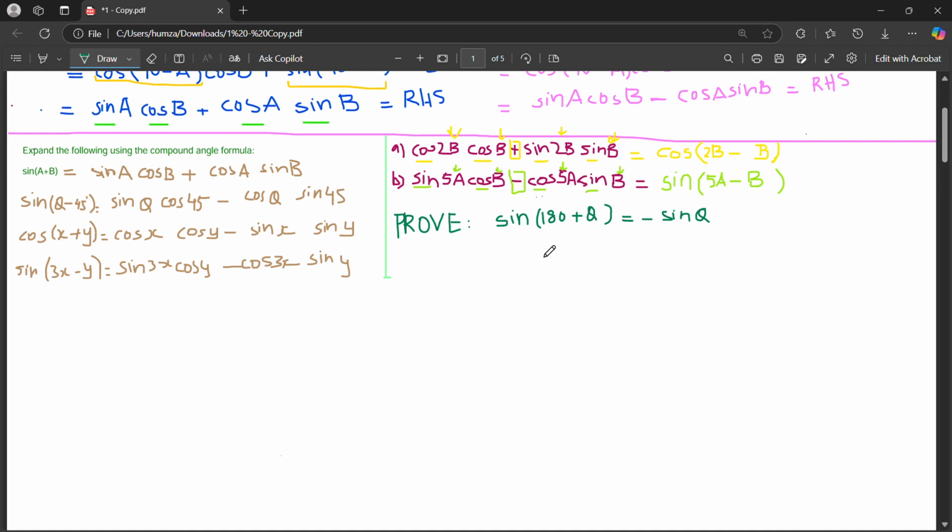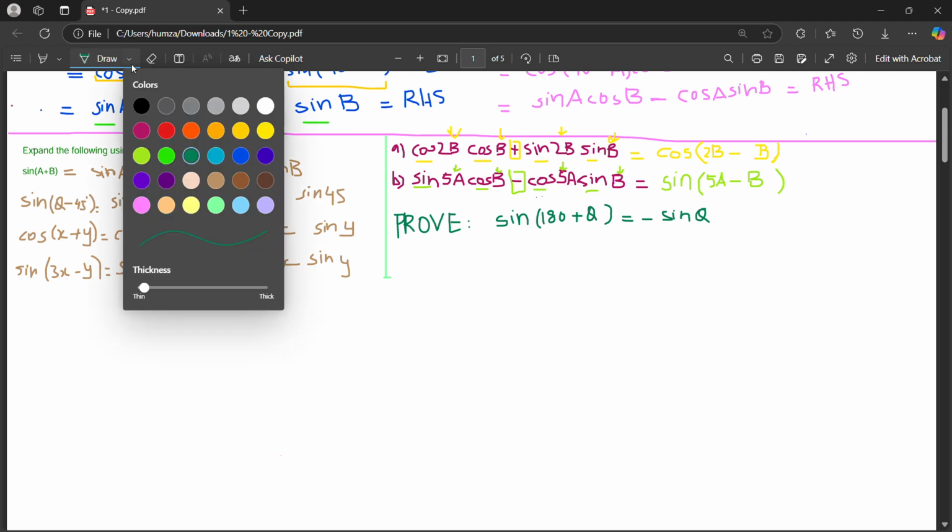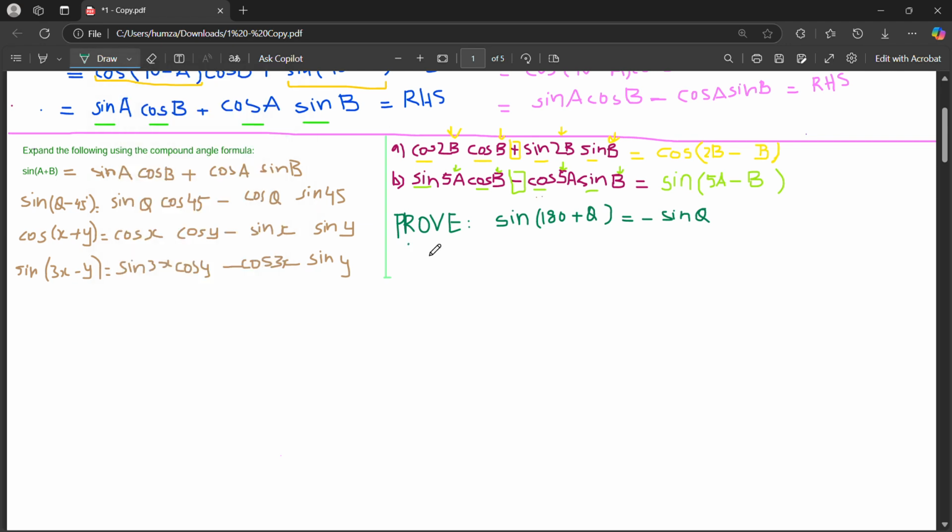Now use our compound angles. Let's just continue with this pen. We are going to use the left hand side to prove. This is my favorite side to prove any identities or angles. So this is sin(180 plus theta). We are going to use the compound angle to expand this notation.